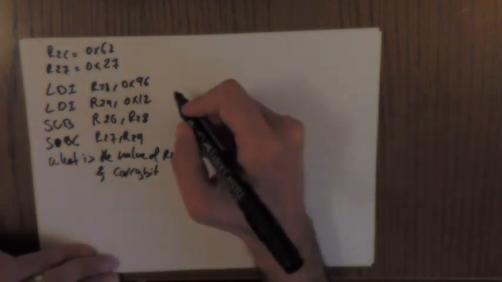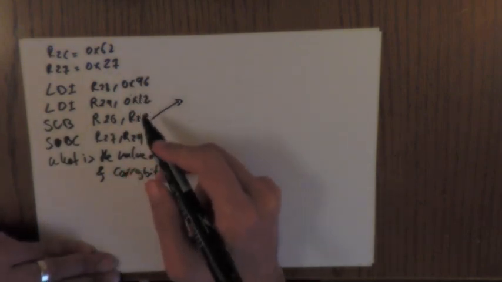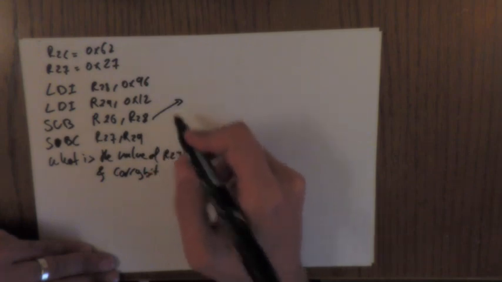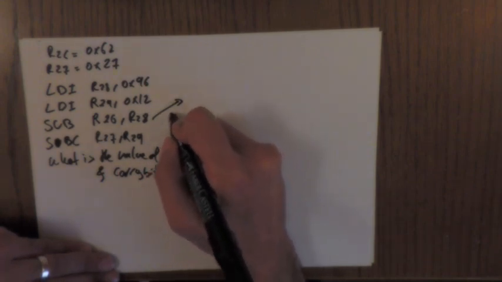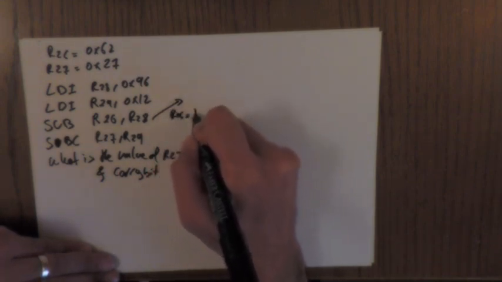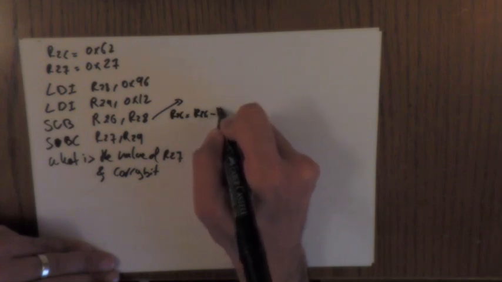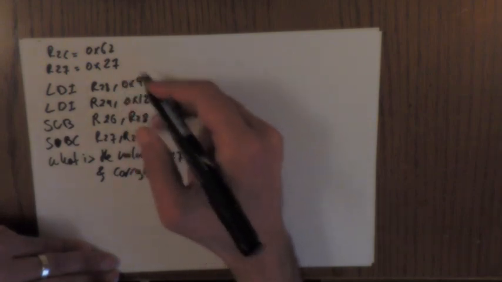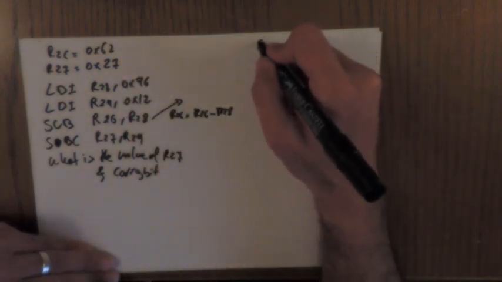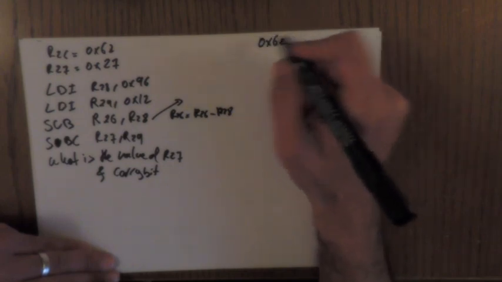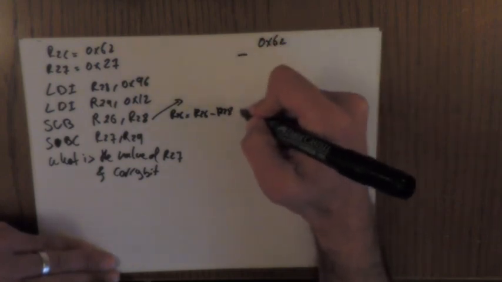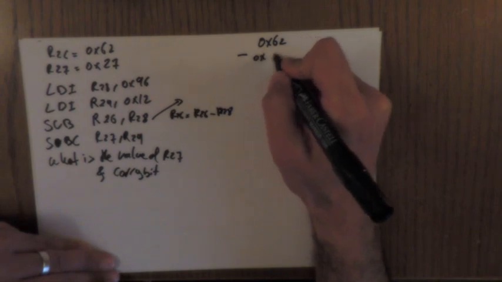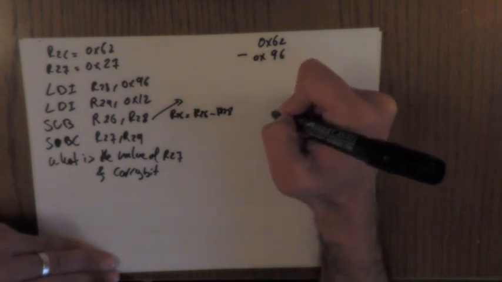So first, let's take this operation. We have R28, which is 0x96. What this does is R26 equals R26 minus R28. So let's place R26, which is 0x62. We're going to subtract 0x96 from it.